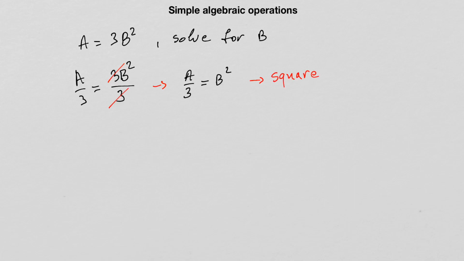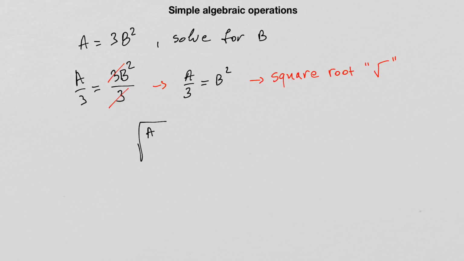So square root. And so on your calculators, there is a button that has this symbol, and that is the symbol for square root. Okay, so then if I square root both sides of this relationship, on the right-hand side, I will have b as the result of the square root. And then on the left-hand side, I will have square root of a divided by 3. Let's see what that looks like.